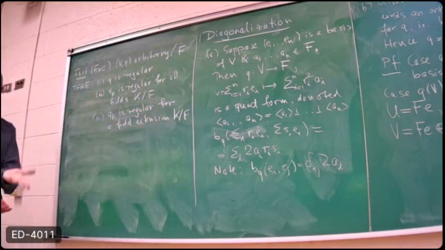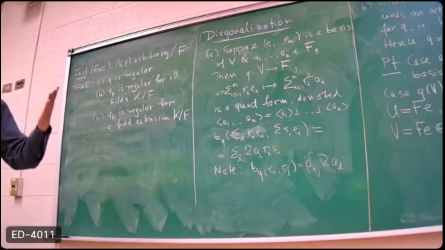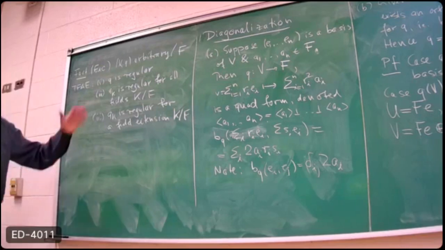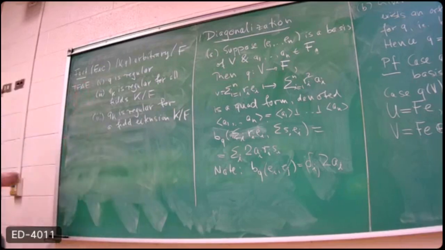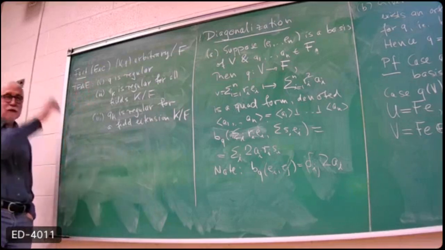If you know that you have a quadratic form which is regular over some huge field, then you can go down. So I won't tell you what the proof is, it's not so complicated.